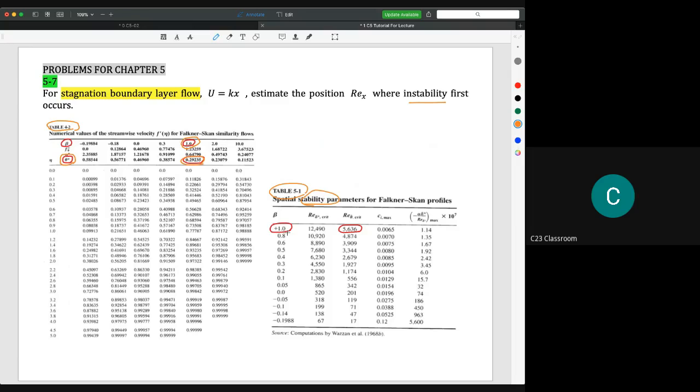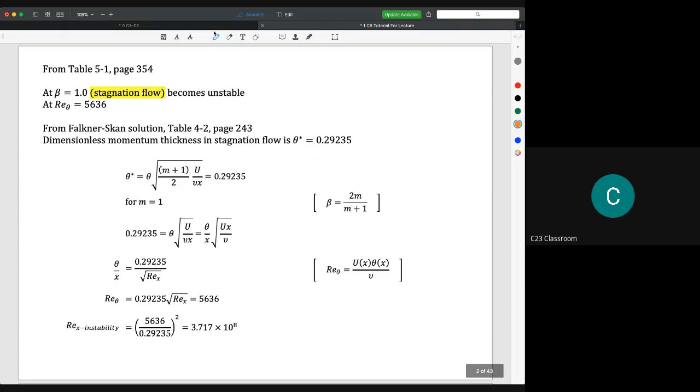At beta, because it is a stagnation flow here, a stagnation boundary layer, we take beta is 1.0, and then we calculate the Reynolds number theta critical as 5,636. So from the table, beta is equal to 1.0, stagnation flow, and the Reynolds number is 5,636. And then we start our calculation by the Falkner-Skan solution.